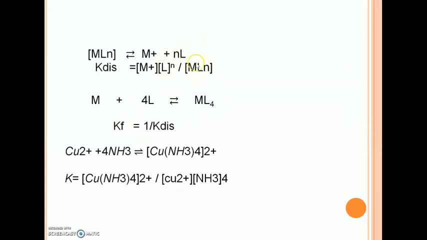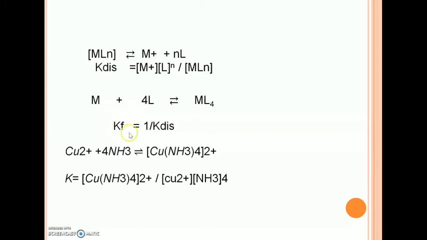Here the reverse case occurs. That means Kf is equal to the concentration of ML4 or MLn divided by the concentration of M into the concentration of L raised to 4 or L raised to n. Here the reciprocal takes place. That is why we can write Kf is equal to 1 by K dissociation. Here the formation constant is also called the stability constant.